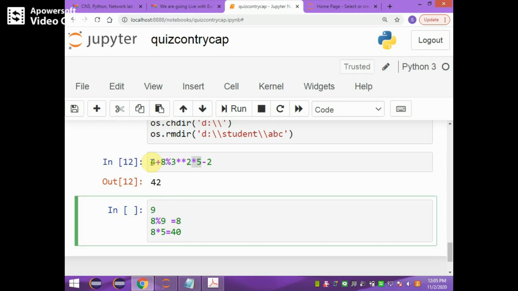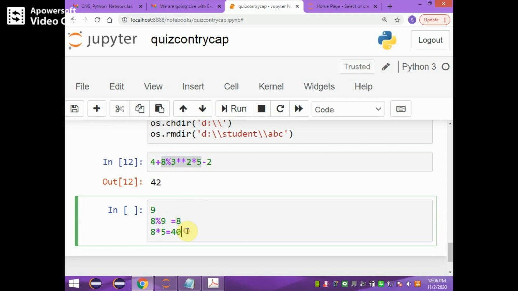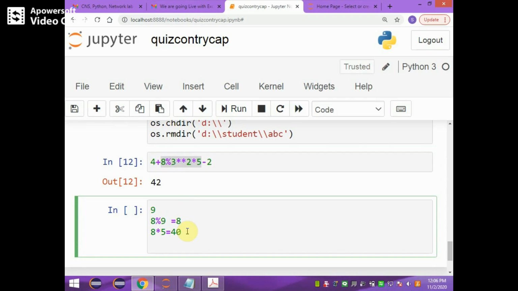Afterwards, we know that addition and subtraction have the same precedence but go left to right. Left to right indicates first addition will take place, that is 4 plus the answer of this evaluation, 40. Therefore, in the fourth stage, 4 plus 40 happens, which results in 44.